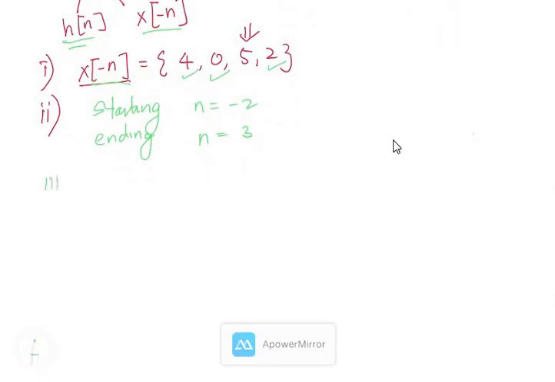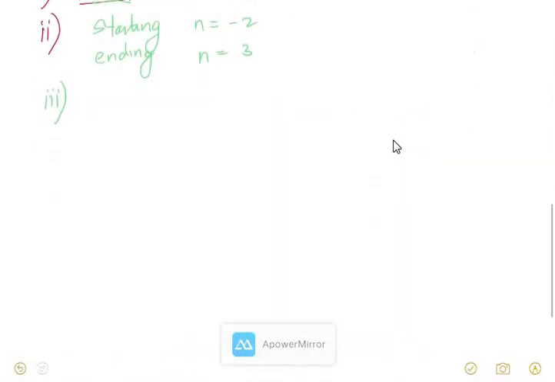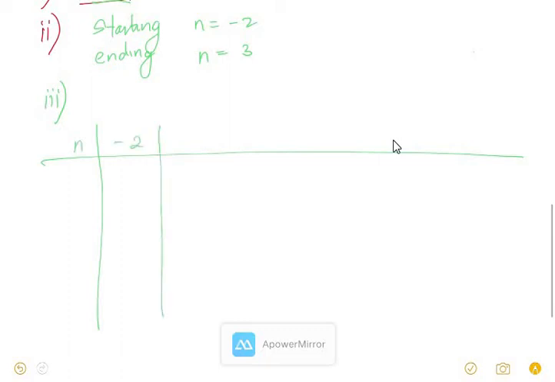So the third step will be using the sum by column method. Okay, then you draw a table. N from -2.